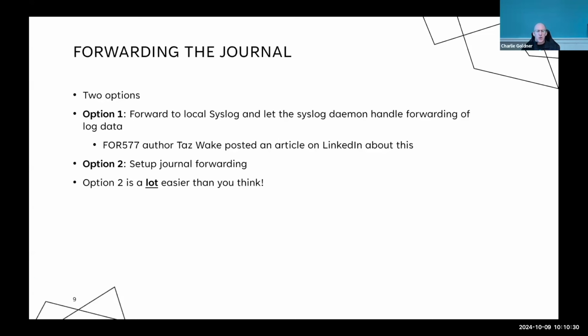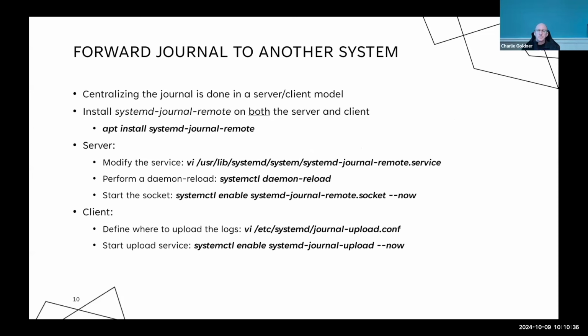But let's take a look at option two. So we want to set up some journal forwarding. It's a lot simpler than you think. It's based on a server-client model, and it's all done over HTTP or HTTPS. You install a software package called systemd-journal-remote on both sides, the server and the client. Once that's done, on the server side, you modify the service.